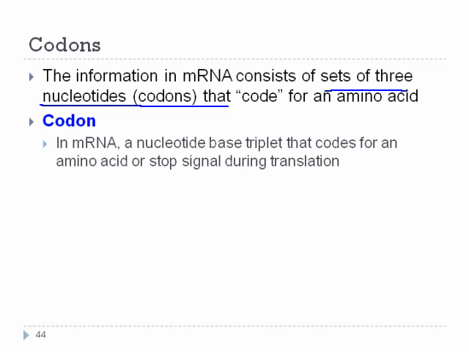We take every 3 nucleotides, we look at the codon chart, and we see which amino acid they code for. So we can do that same thing looking at a DNA sequence. And the ribosome can do that same thing.